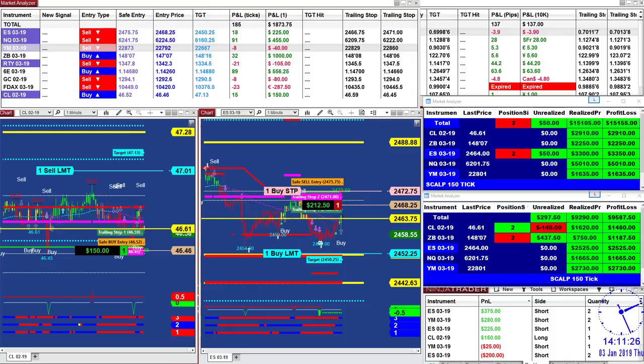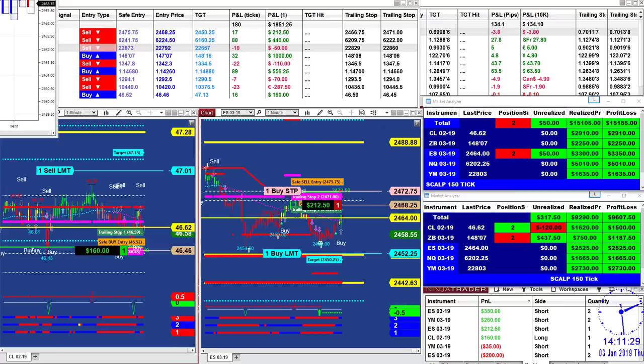Also, this is a great idea for scalping overnight.